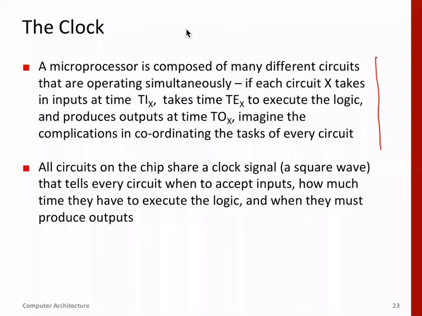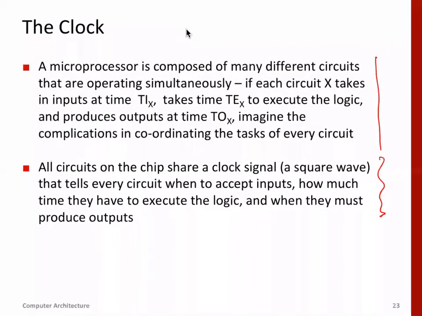When there are different execution times, at the end there is a need to synchronize or store the result somewhere before the next computation can take place. That is possible only when there is something to synchronize, which is nothing but the clock.